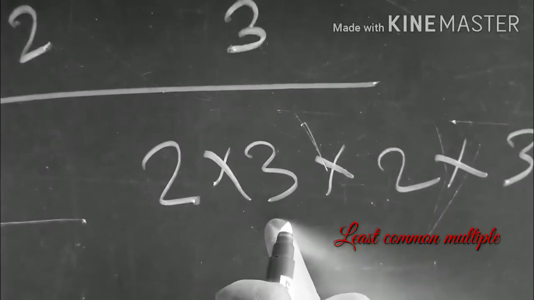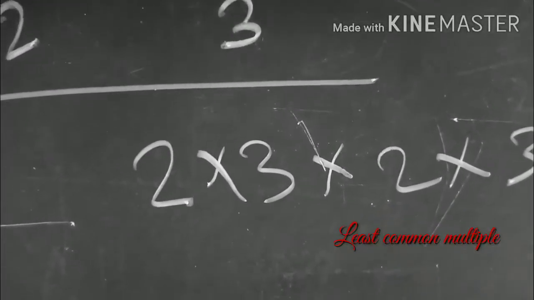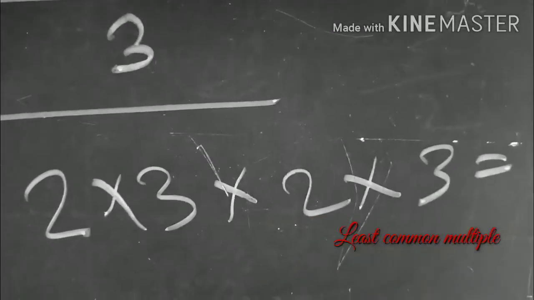So 3 times 2 is 6, 6 times 2 is 12, and 12 times 3 is 36.